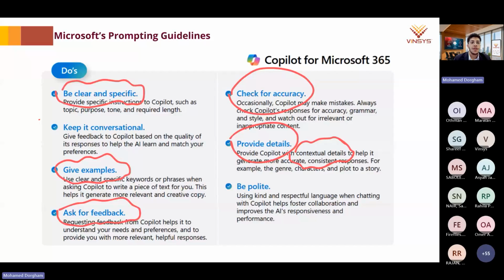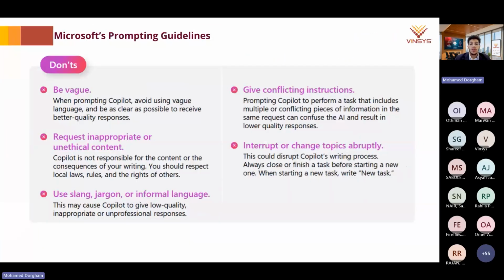Now, what are the things that you should avoid when writing a prompt? You need to keep it in mind. One of them is to avoid writing vague prompts. When we say vague prompts, we mean, okay, write me an email, or analyze this Excel sheet.